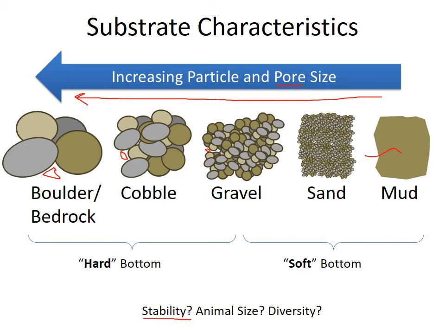Because they've got larger spaces in between them, larger animals might be able to hide in those in-between spaces than in the other habitat. And we'll talk a little bit more about why the habitats with these larger grains might have higher diversity.